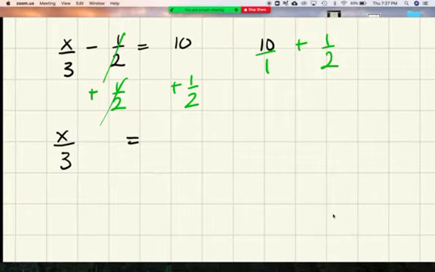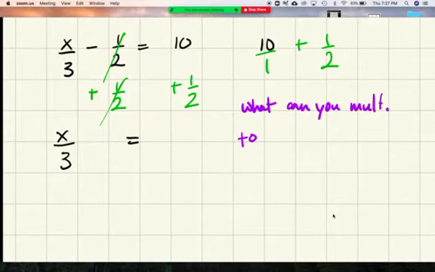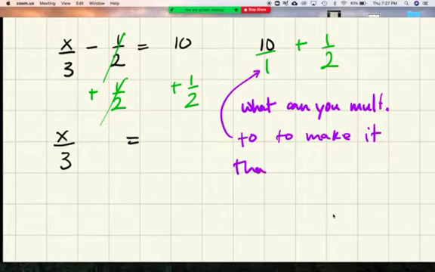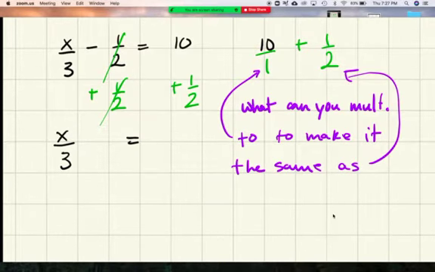Then the question is, what can you multiply this bottom part by to make it the same as that bottom part? In this case, you can multiply this one by 2. But if you do it to the bottom of the number, you also have to do it to the top.